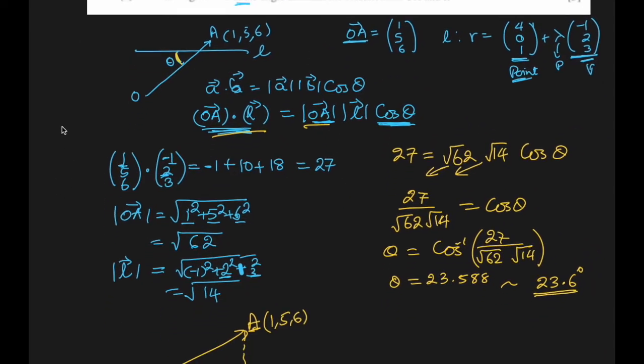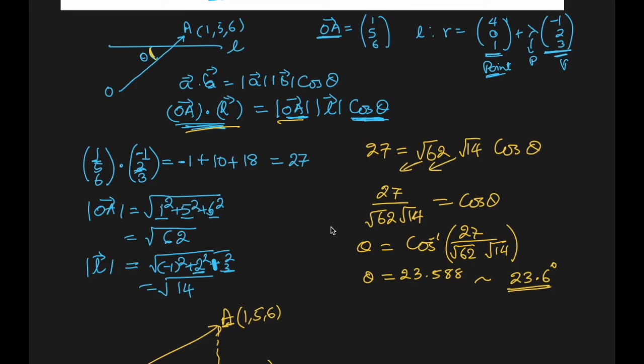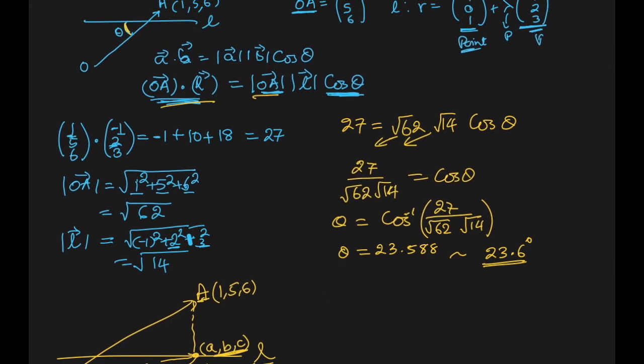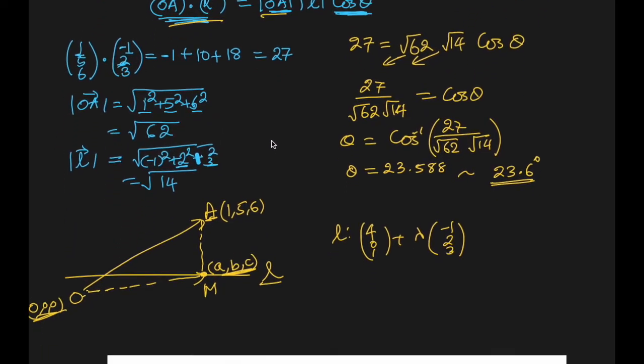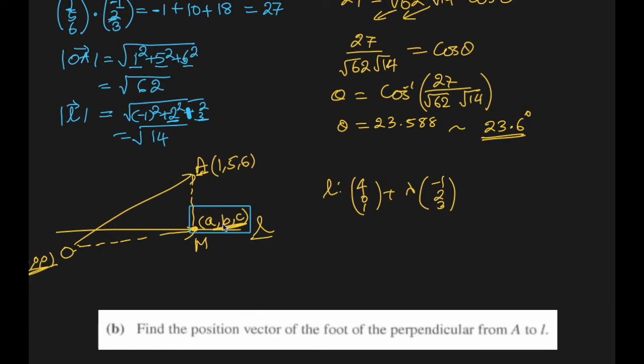So let's see what is the equation of L here. Let me write the equation of L again. 4, 0, 1 plus lambda times negative 1, 2, 3. Okay, since point M is lying on it, a, b, c will be satisfying this particular equation.